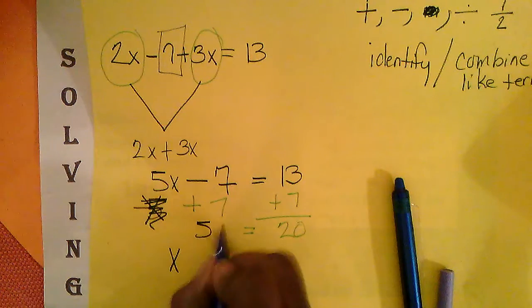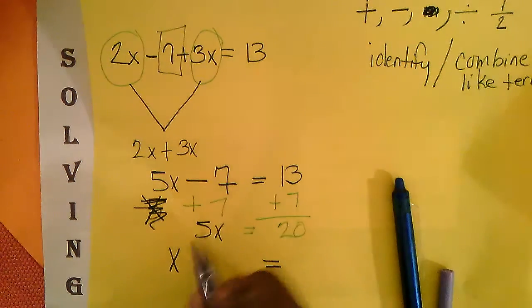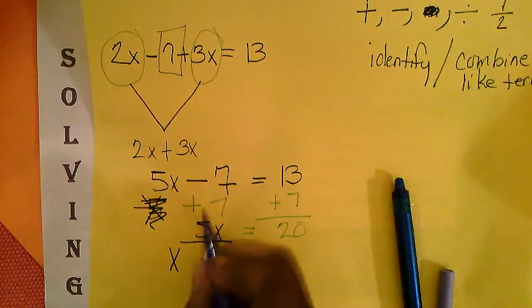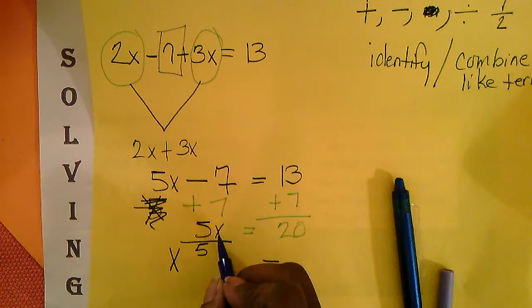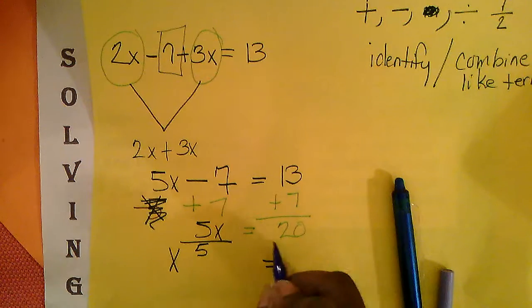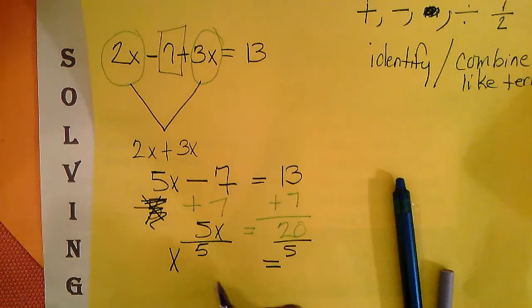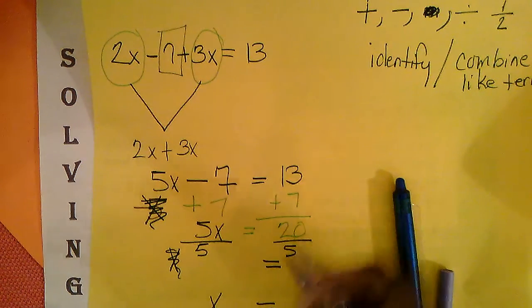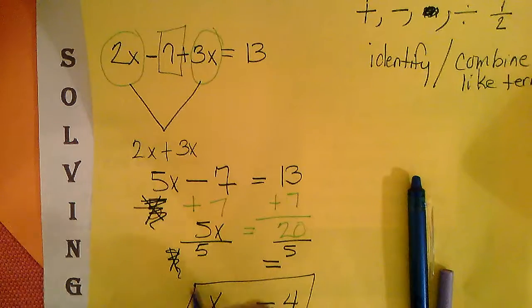So much like you, I like for my paper to look all nice and neat too, but we're going to move forward. We're going to divide by 5 since this is multiplication, and the inverse operation, or to undo, is to divide. 5 goes into 5 one time, leaving you with x. 5 goes into 20 4 times, which gives you a solution of 4.